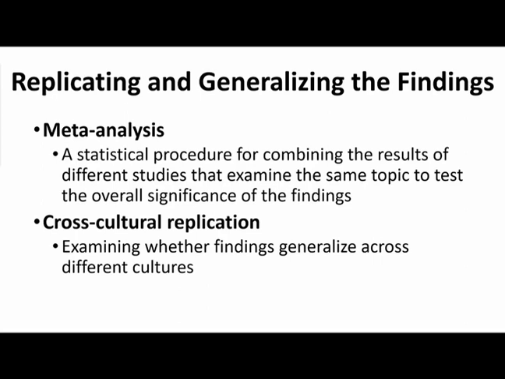And it actually helps you maybe have more confidence in the significance of the results, because now instead of looking at 100 students in one experiment, maybe now you're looking at 100 experiments that each had 100 students. So a meta-analysis can allow you to have better statistics and get a better picture of what's actually going on.